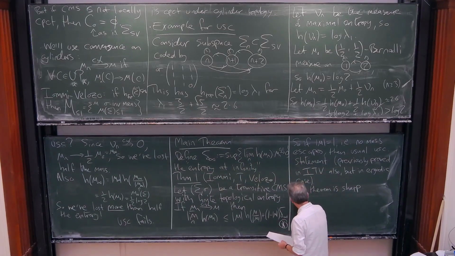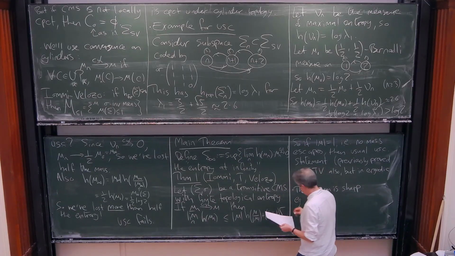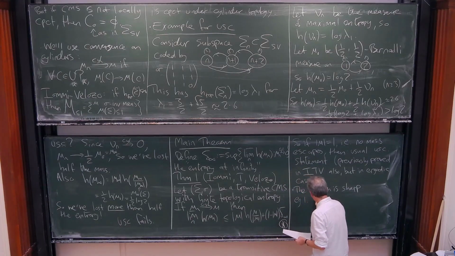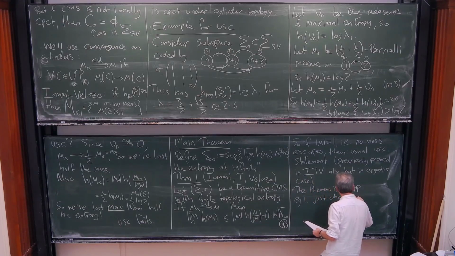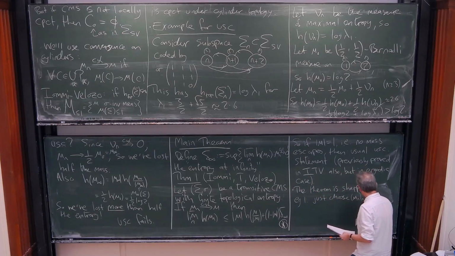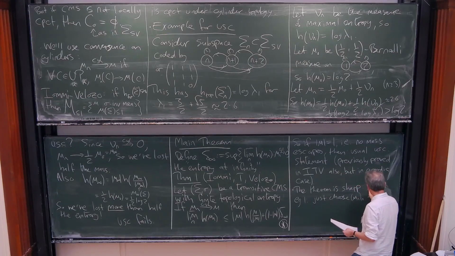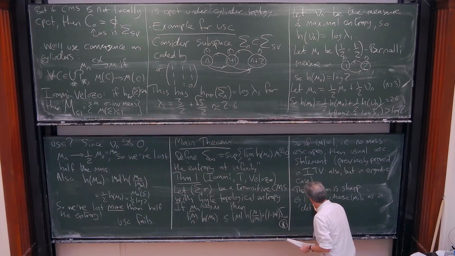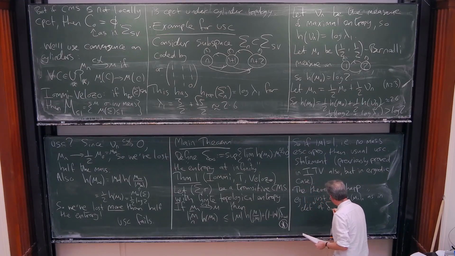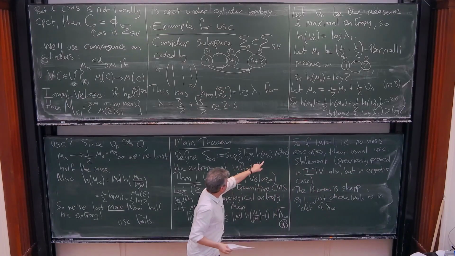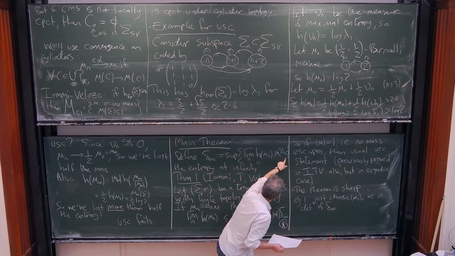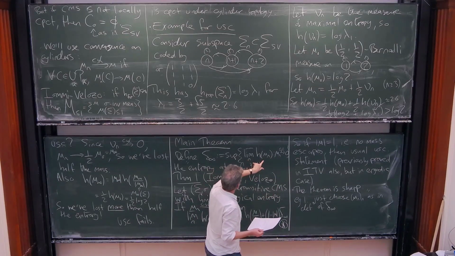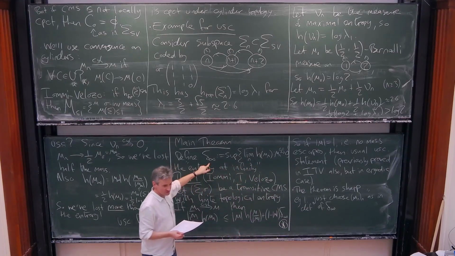So for example, the first example, just choose μn as in the definition of delta infinity. So what I mean is choose some μn such that μn goes to 0 on cylinders, and so that the limsup of the entropies goes to delta infinity.